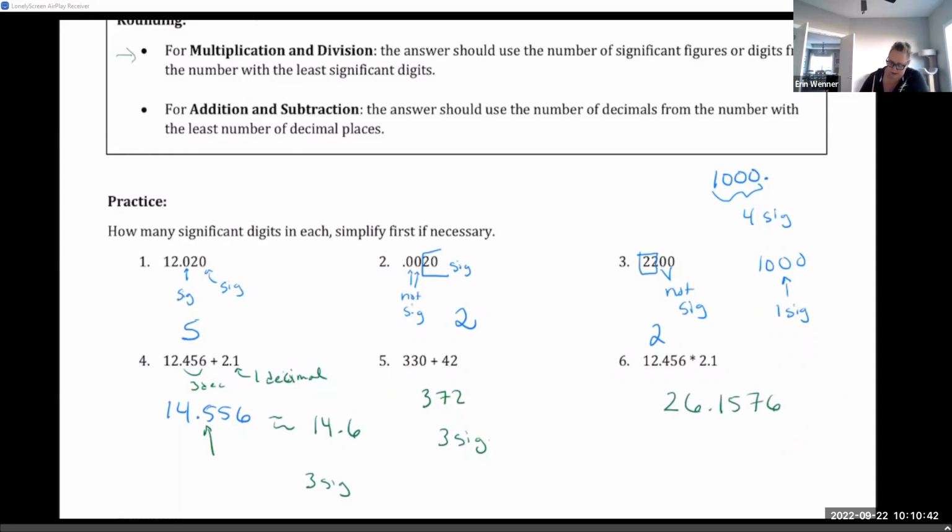So what they're saying is that looking at the 2 numbers that multiply together, which one has the least, and that's how many your answer should have. So this one has 2, and this one has 5. Therefore, our answer can only have 2 significant digits. So rounding this, we get approximately 26.